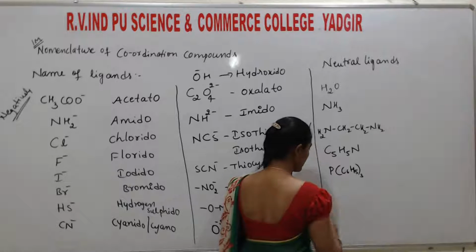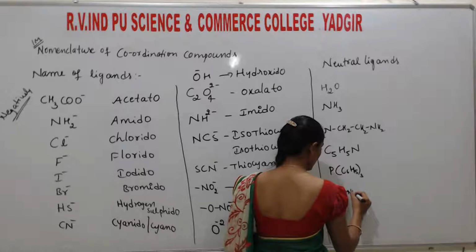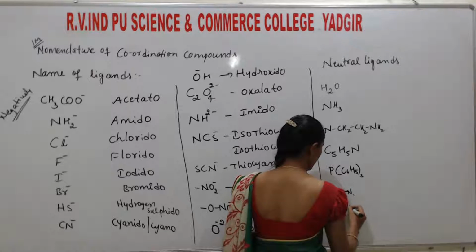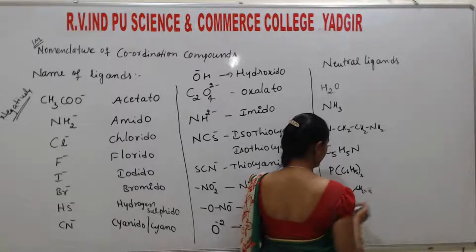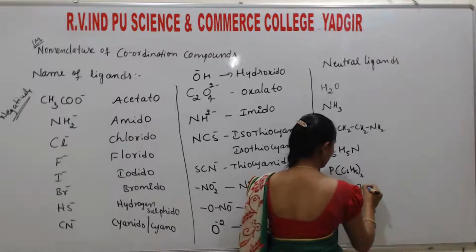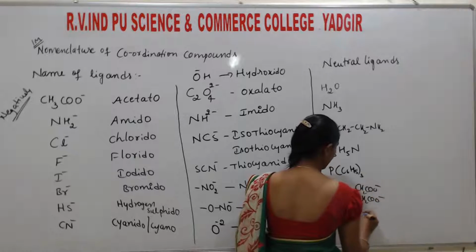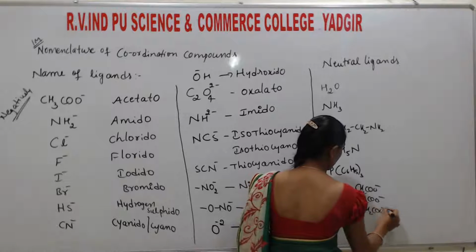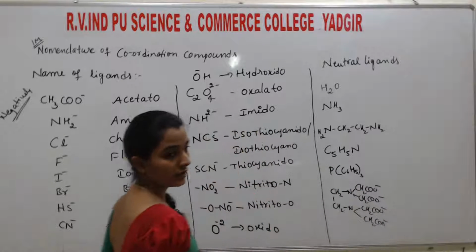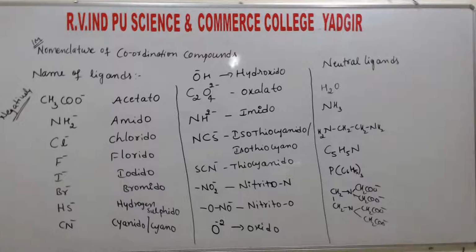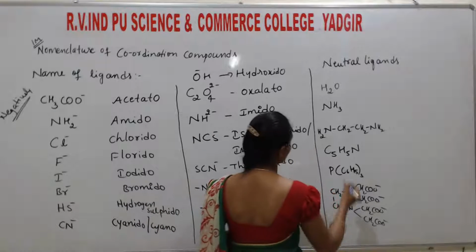If you want to write the structure: CH2, CH2, N, CH2 CO minus, CH2 CO minus, CH2 CO minus. So these are the neutral molecules.